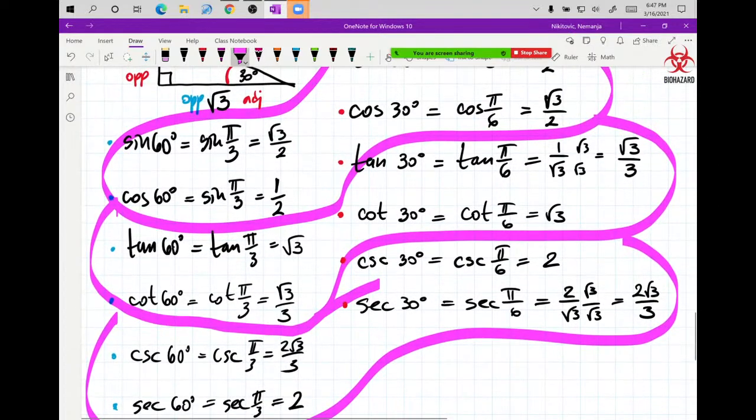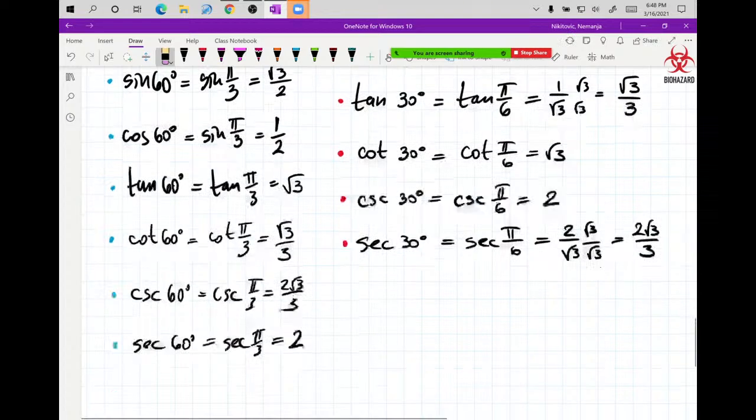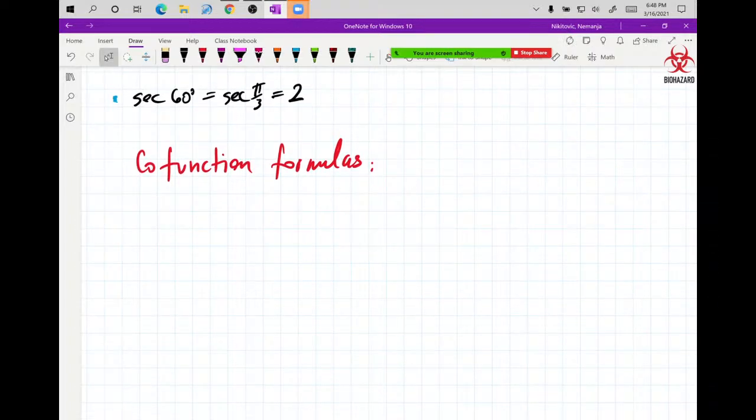So from this observation and the fact that 90 minus 30 is 60, or 90 minus 60 is 30, we have what are called cofunction formulas that help us understand the situation we have up there.